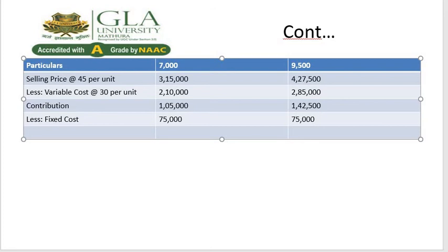After that we find EBIT, or operating profit. Our operating profit is 1,05,000 minus 75,000, that is 30,000, and 1,42,500 minus 75,000, that is 67,500.